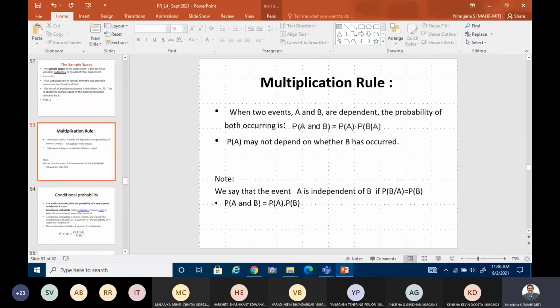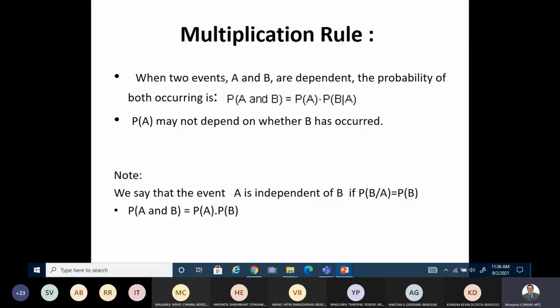Yes, sir. In this multiplication rule, can you read it? When there are two events, A and B, that are dependent, the probability of both occurring, P of A and B, how is it expressed? P of A, and what is the second term? P of B given A, right?